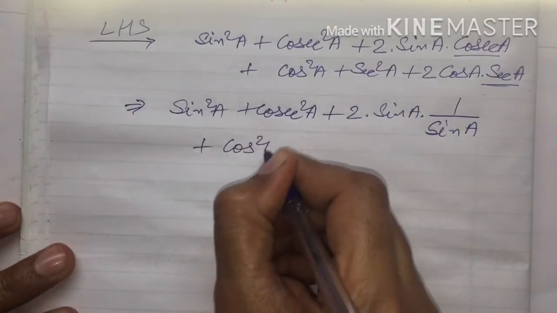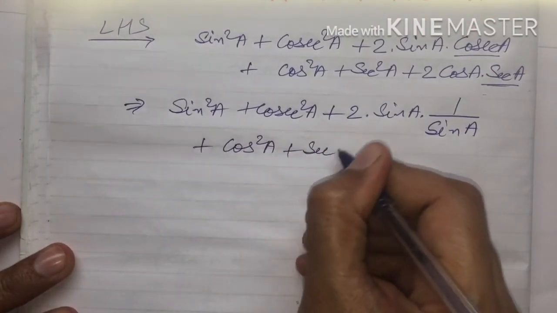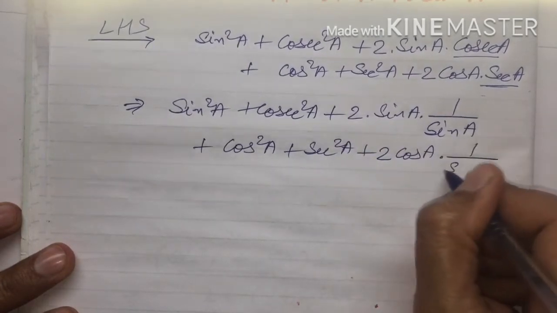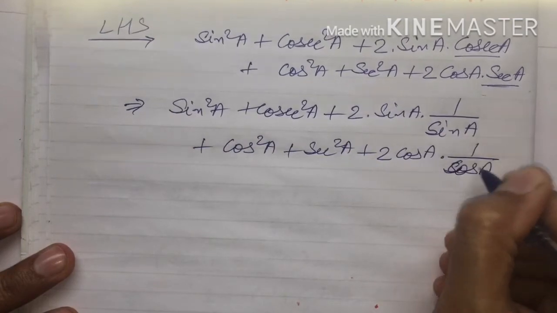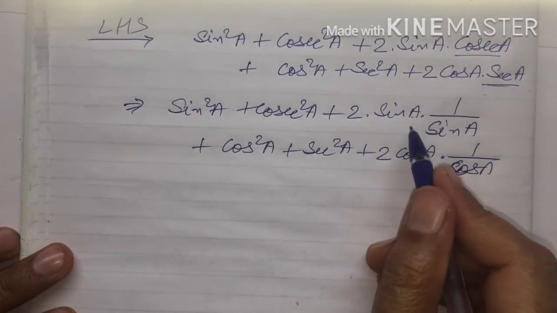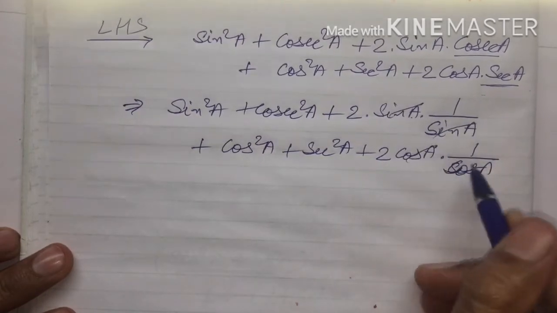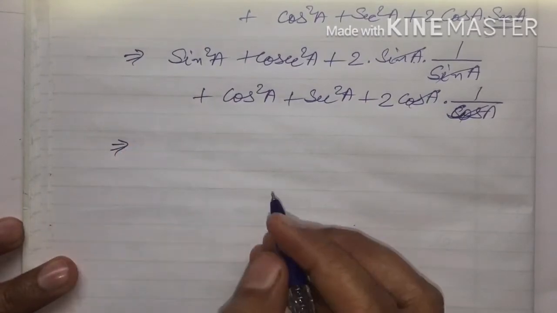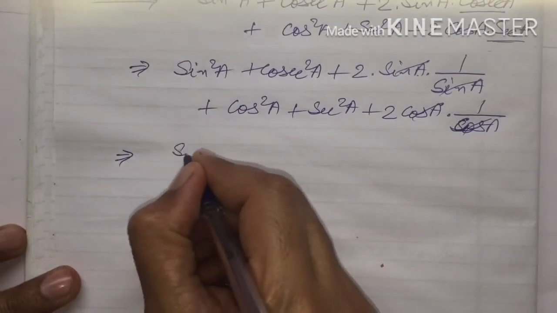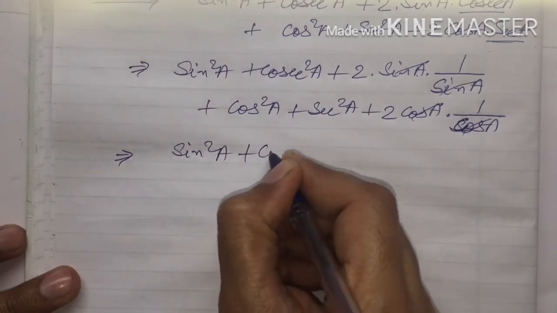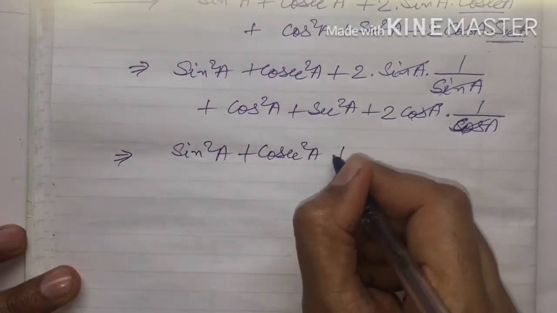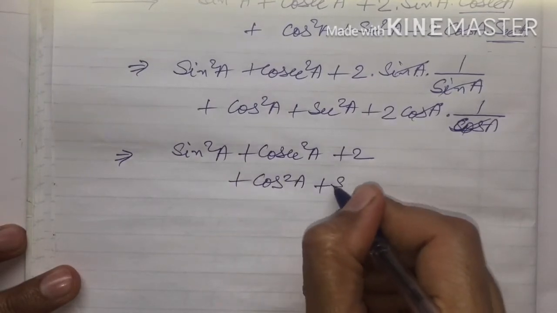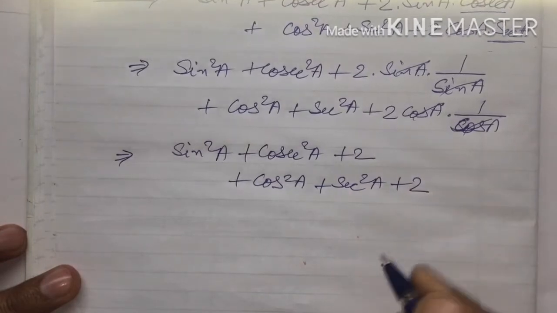Same with the other bracket: cos square a plus secant square a plus 2 cos a into secant, which we write as 1 upon cos a. In this multiplication we can cancel sin with sin and cos with cos. So it will be sin square a plus cosecant square a plus 2 plus cos square a plus secant square a plus 2.